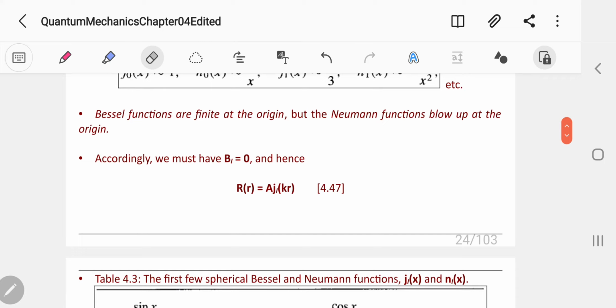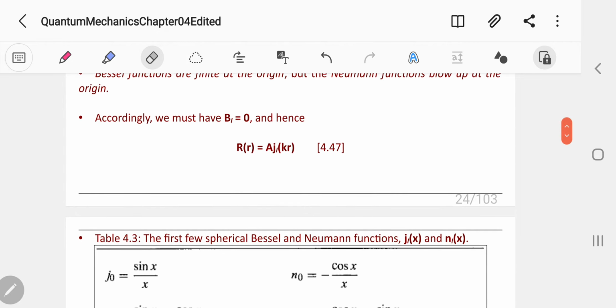So accordingly, for small x, our BL must be equal to 0 to neglect the n of L at small x.